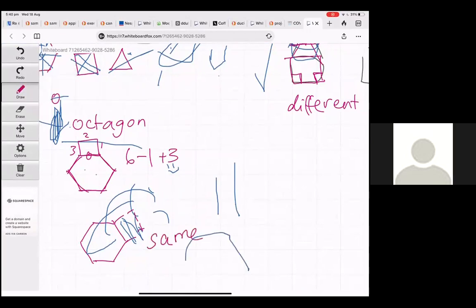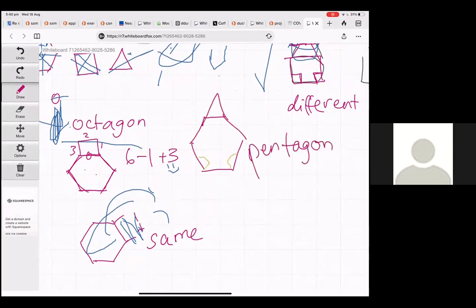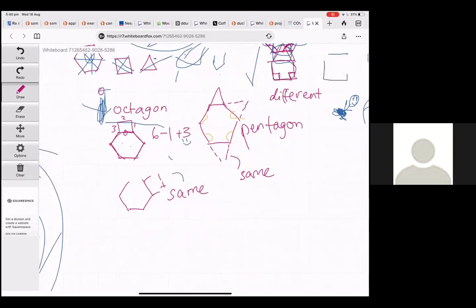This shape is the same because it's a rotation, and all of these give the same shape because they're just rotations.